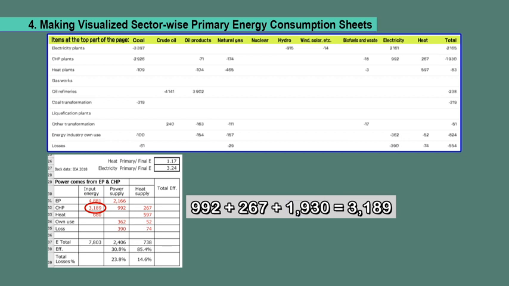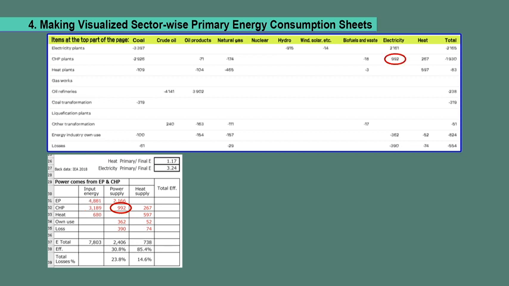Their total is the input energy for CHP. Enter the total value. Next is power supply from CHP. Enter the value for CHP plants 992. Regarding heat supply, enter 267 from heat in the CHP plants row.